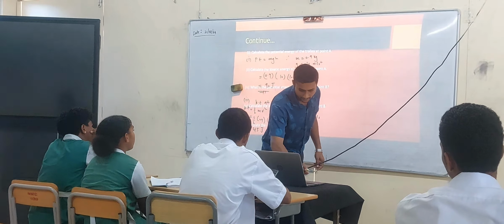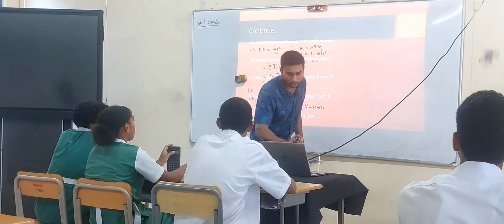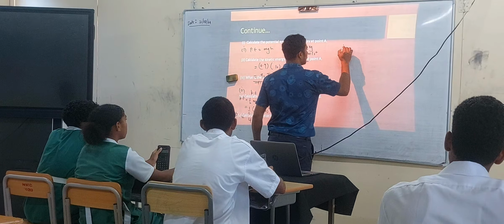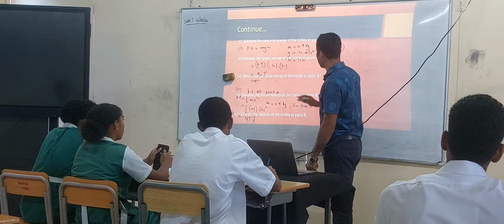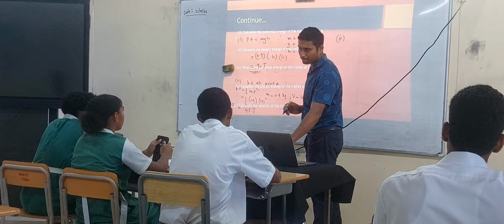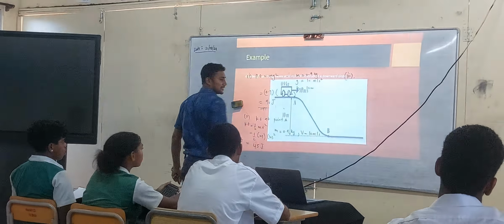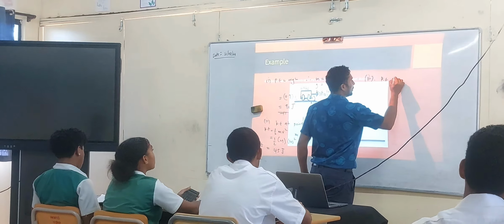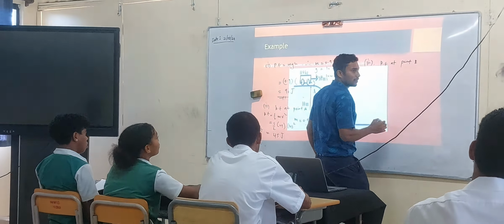Very good. So what is the potential energy of the trolley at point B? Part 3 now. Potential energy at point B. Why is it 0?